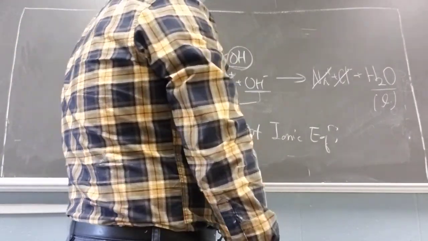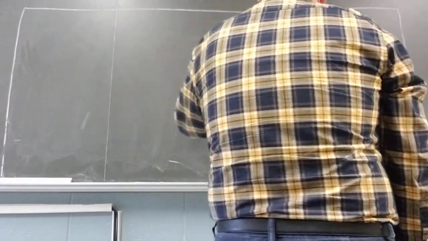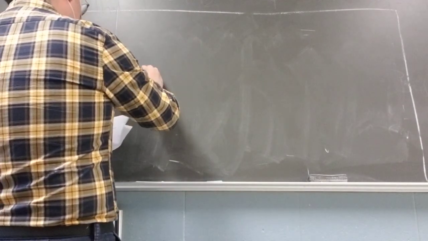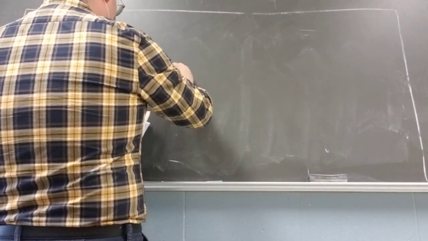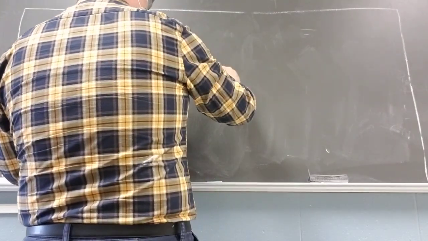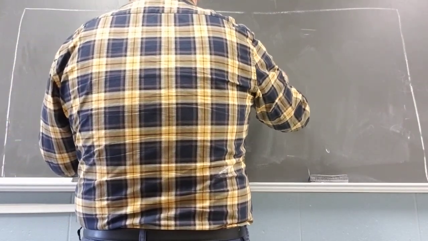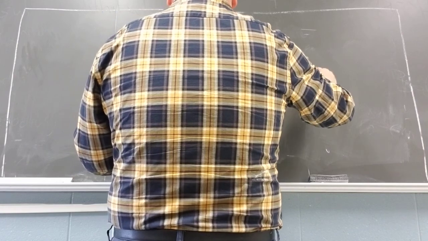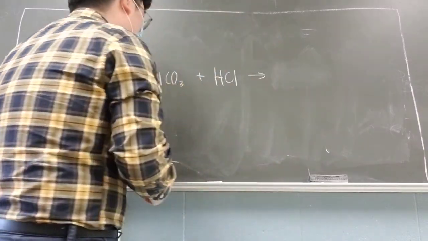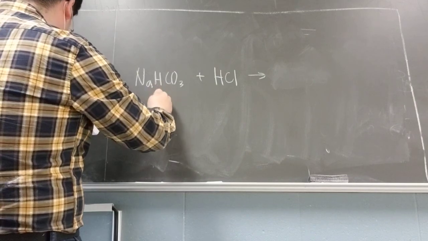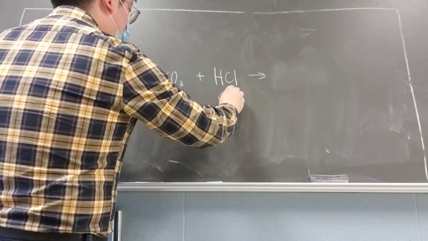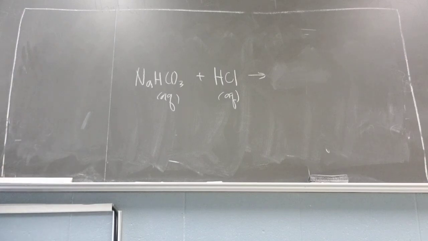Okay. All right, so let's talk about the other one that we slightly talked about already. Let's try this one real quick. This is sodium bicarbonate, which is your baking soda. Okay, this is what I briefly mentioned, an acid and carbonate compound combination.